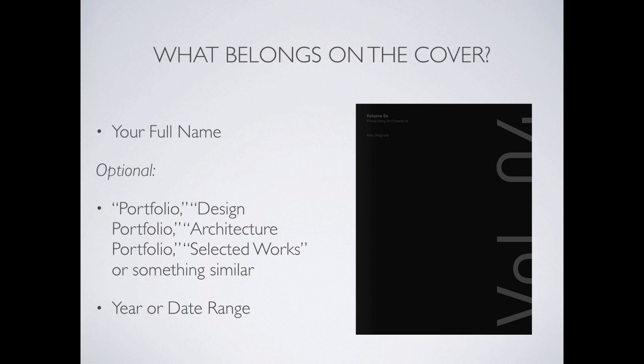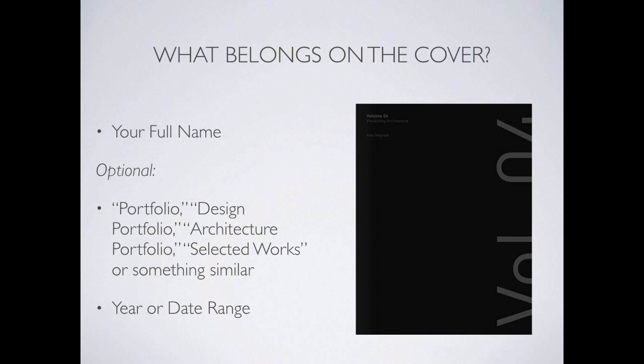And then different people have different ways of describing it. I'll show you a bunch of examples today that'll talk through it. But sometimes it's your name portfolio. Sometimes it's design portfolio. Sometimes it's architecture portfolio. Sometimes it's selected works. It's all kind of the same thing.